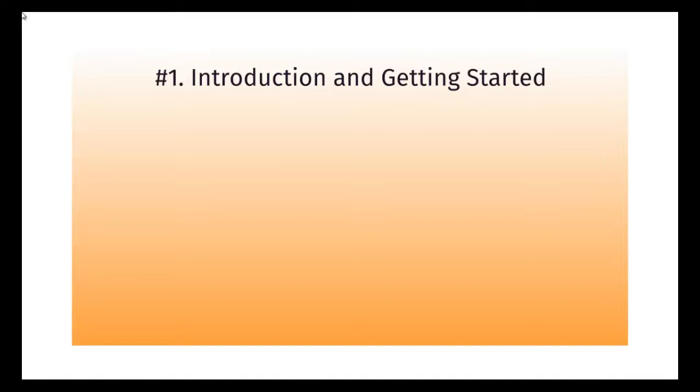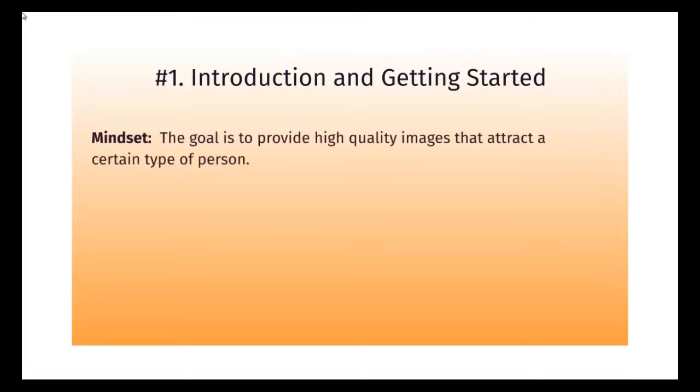Before we get started, I want to briefly go over a few things to make sure that we are on the same page. First things first, I want to start with mindset. The goal here is not to game the system at all, because Google image search is very different than other searches like YouTube and the regular SERPs.